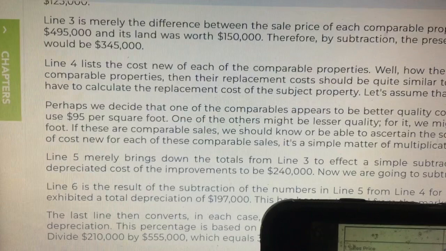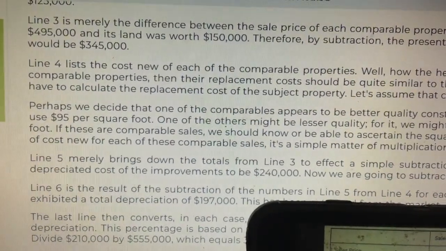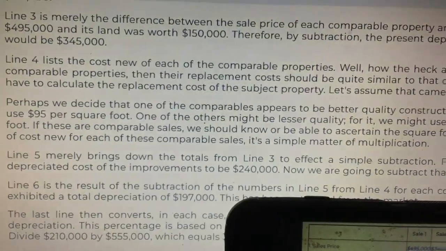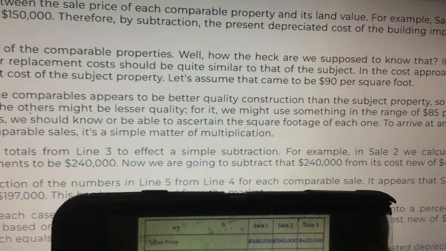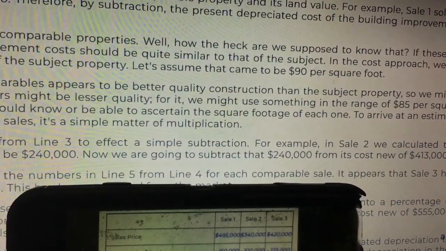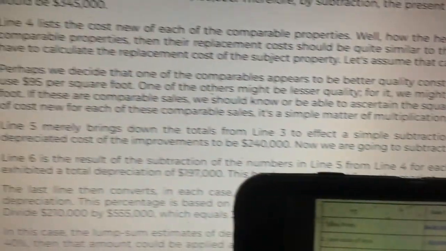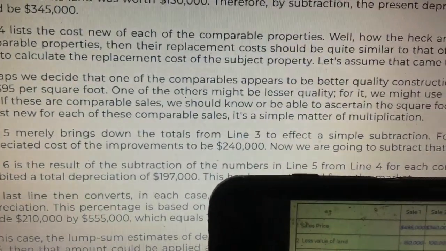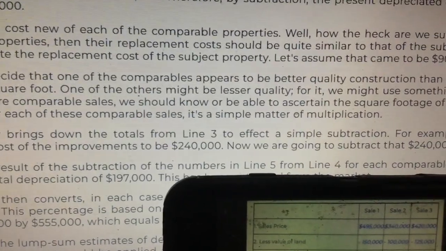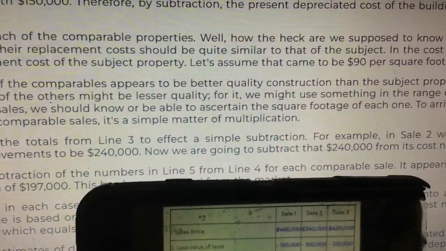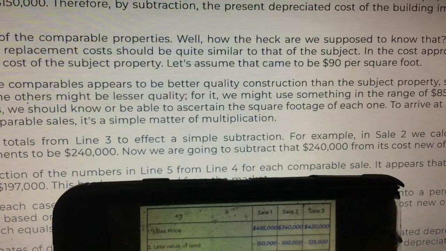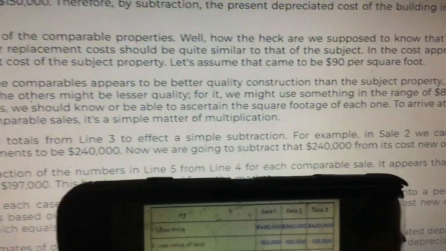If these are comparable properties, then their replacement costs should be quite similar to that of the subject. In the cost approach, we did have to calculate the replacement cost of the subject property. Let's assume that came to be $90 per square foot.